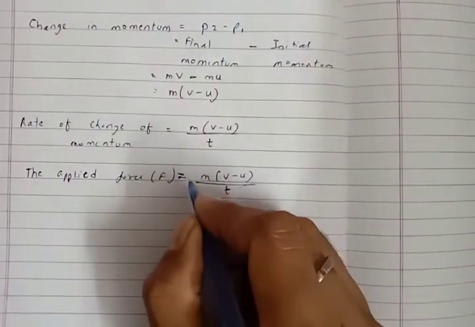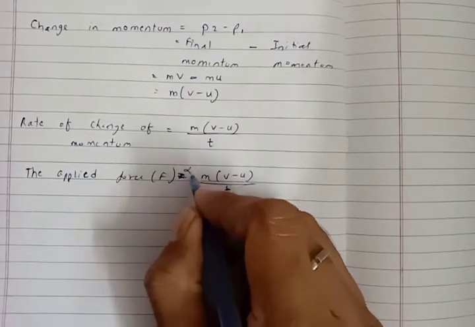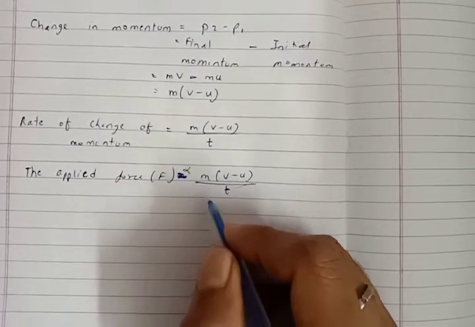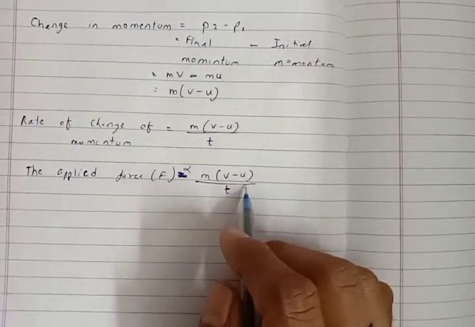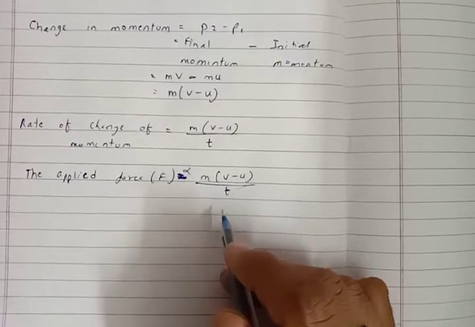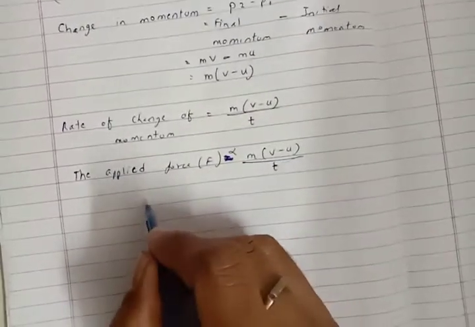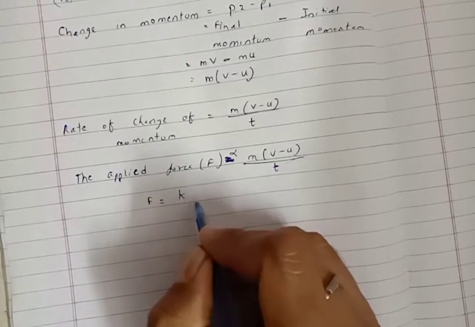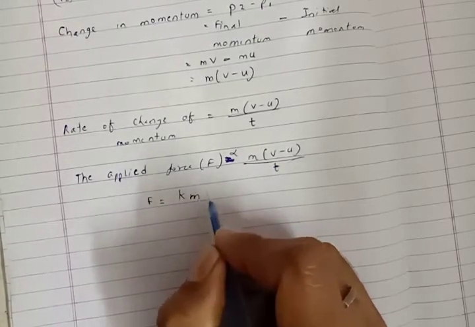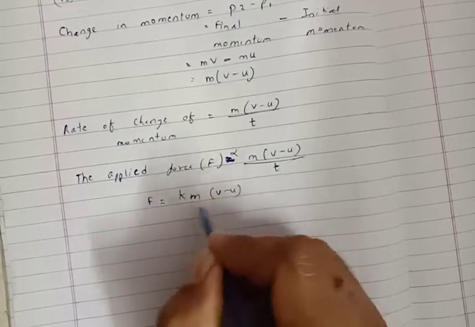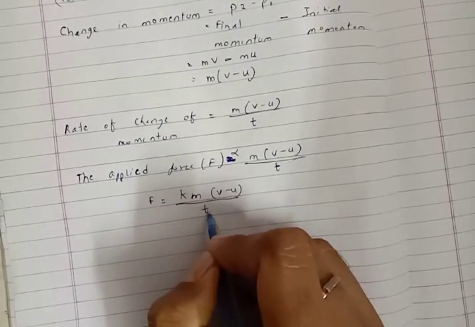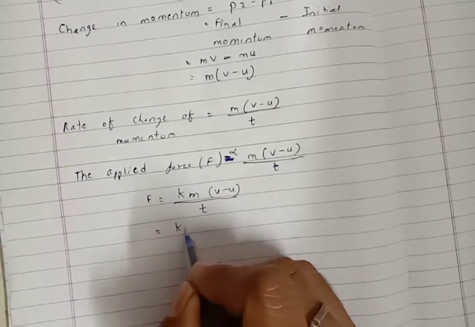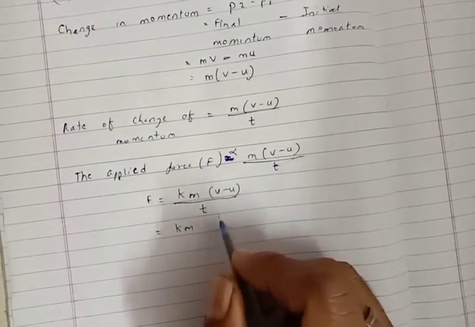So F is proportional to mass into the difference of velocities divided by the time. So now you can write this as F equal to one constant k into m, and the rest will remain the same, v minus u divided by t.